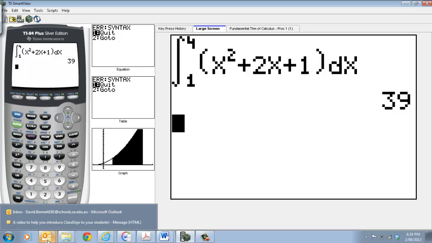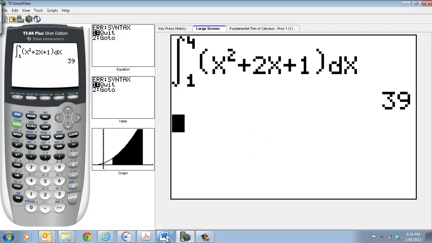It gives me my answer. So that's another way of doing it, so you don't even have to graph it. Right? As long as you know that it doesn't have a turning point that goes below the x-axis, then that process will work quite well.